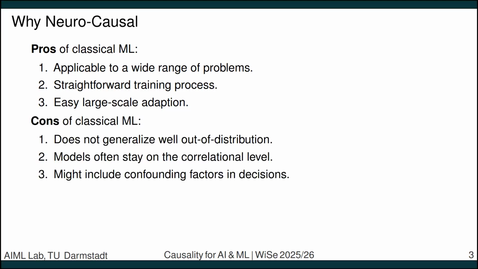So obviously there are some downsides to classical ML models. Usually they do not generalize well out of distribution. As we already have seen, they can learn shortcuts. They are prone to confounding and so on. Because of that, the models are often trained on an associational level, that means they learn correlations.